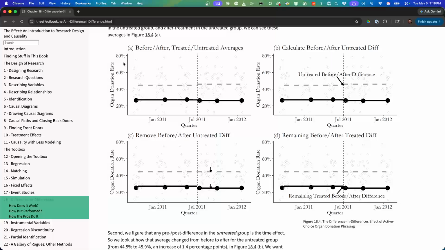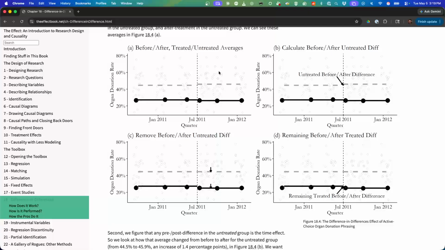In the very first plot, this is essentially the raw data. The solid black dots are organ donation rates in the state of California. And this vertical dotted line indicates when the active choice program was implemented. And so that is our treatment.